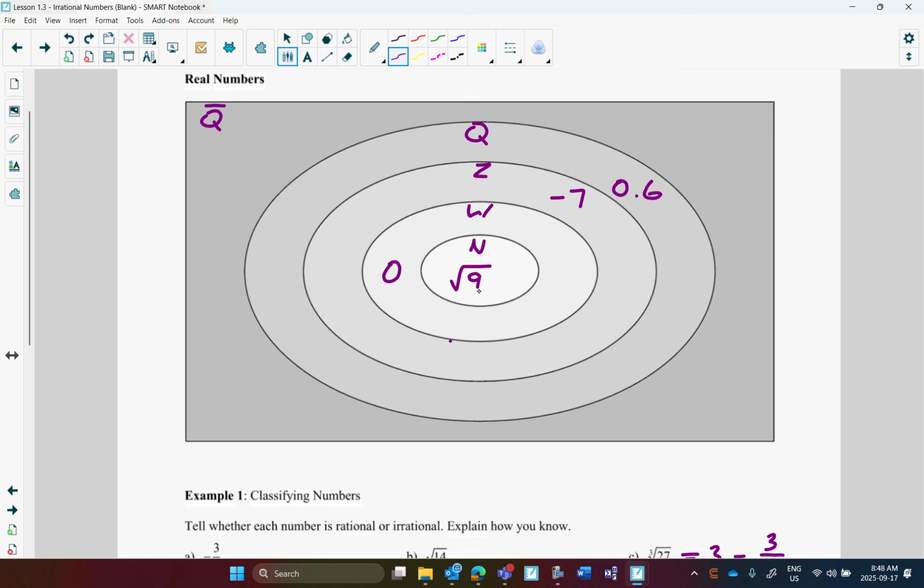In the irrational, right? Here. Because it can't be written as a fraction. 3/7. Rational in Q, but outside Z, W, and N. Okay, so you sort of get the idea.